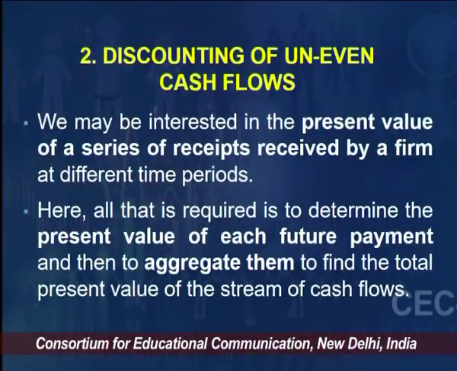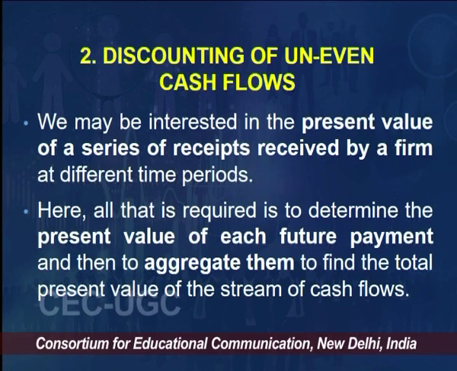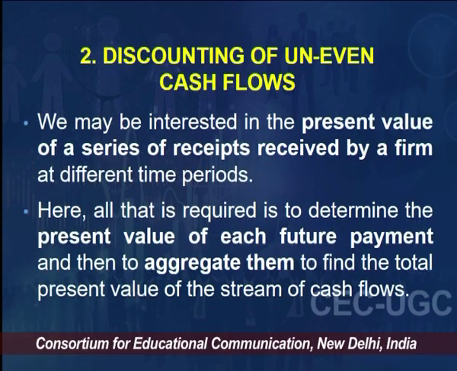All that is required in this situation is to determine the present value of each individual future payment, and then to aggregate them to find the total present value of the stream of cash flows. Because I need $10,000 2 years from now, I need $15,000 3 years from now, I need $5,000 4 years from now, I need $50,000 5 years from now, right?